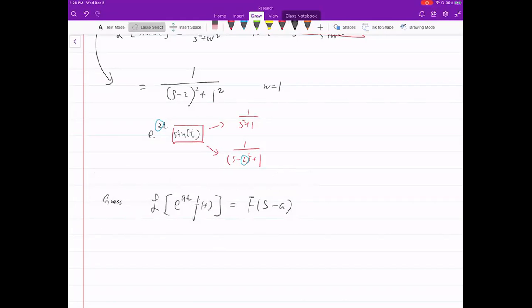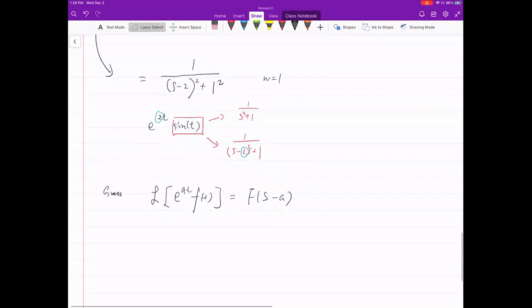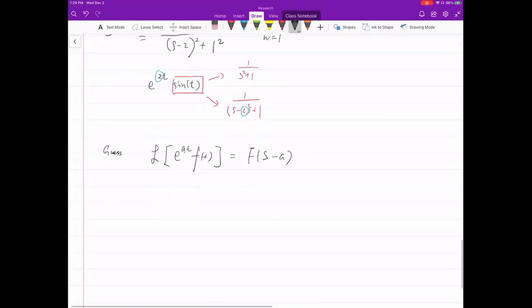That's my guess. You multiply by e to the 2t, you take the same Laplace transform of just sine t, but you shift everything to the right by 2. You multiply by e to the 3t, you shift by 3. That's my guess. Sounds good? All right. The rest is just to try to verify our guess, or maybe reject it.